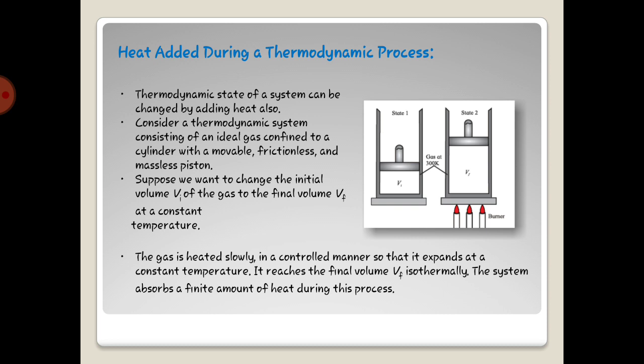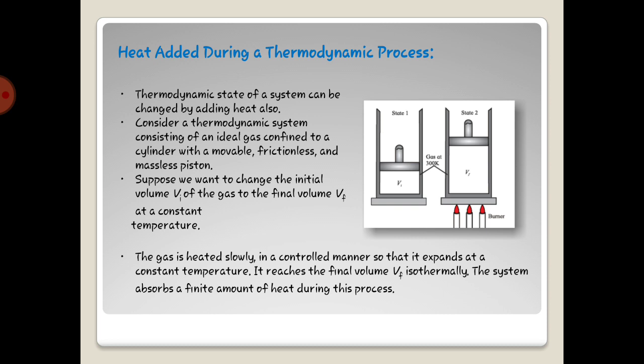So let's have a look what we can do in this. The first diagram which you can see over here is the first case, in which we are going to consider a cylinder which is having gas and a piston which is movable, frictionless and massless, that we all know. Now suppose the volume is Vi initially and it goes to final volume Vf at constant temperature.